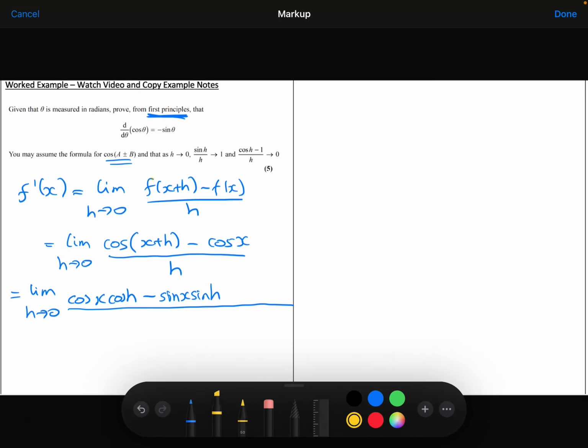This is me using the formula in the formula booklet to turn cos of x plus h into cos x cos h minus sine x sine h.